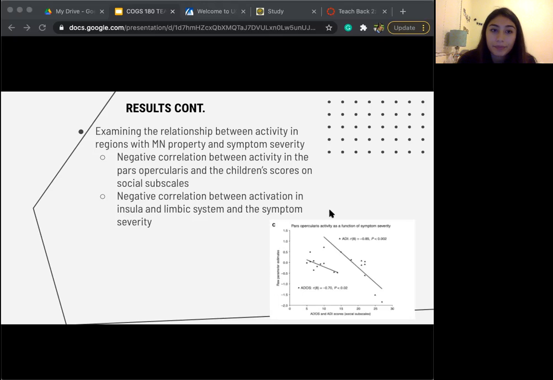So the greater the activity in the critical components of the mirror neuron system during imitation, the higher the children's level of functioning in the social domain. And here I provided the pars opercularis activity as a function of the symptom severity.